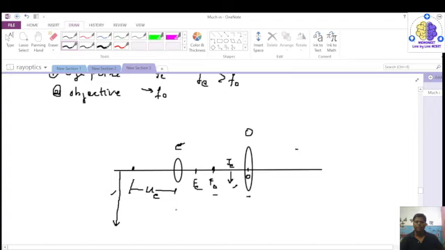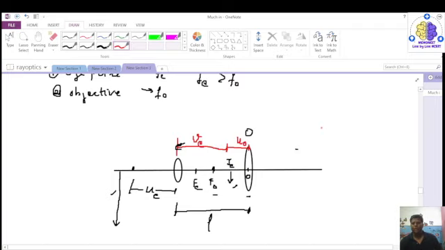Now, the distance between the two lenses is known as the length of the microscope. Now, what is the length of the microscope? If you see, this length can be divided into two parts. The first part is the image distance for the eyepiece. The second part is the object distance for the objective.